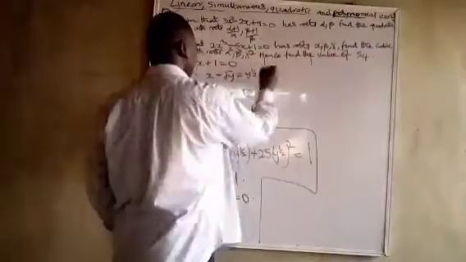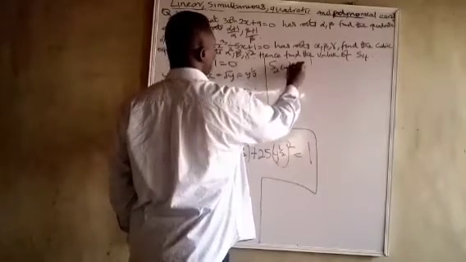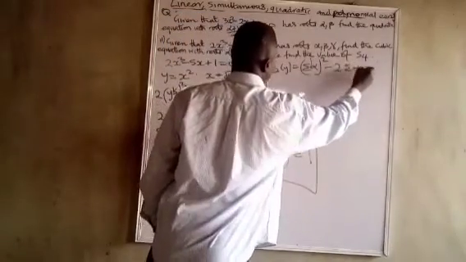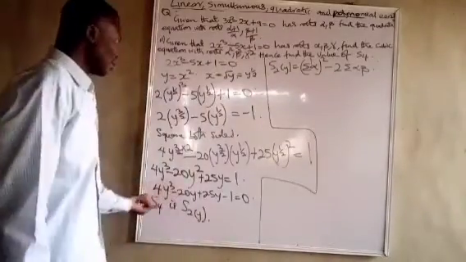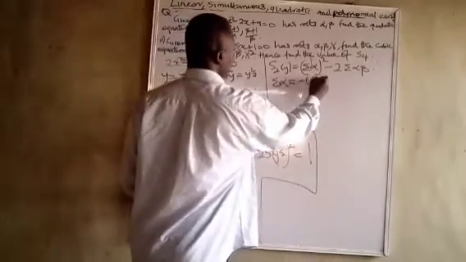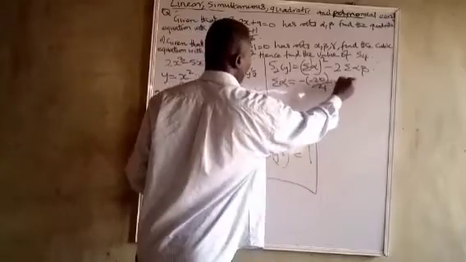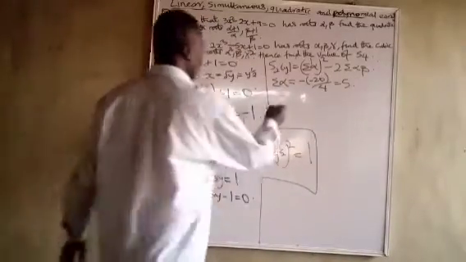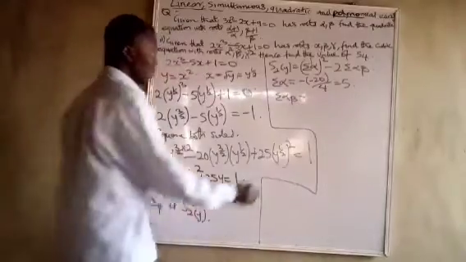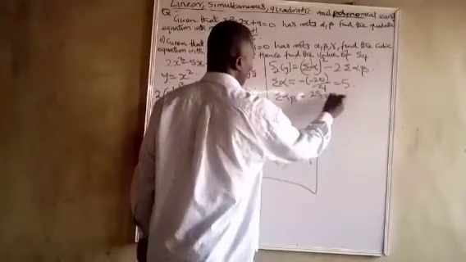For S2y, it will be summation alpha squared, which is summation alpha all squared, minus 2 summation alpha beta. What is our summation alpha? That is minus minus 20 over 4, and that is 5. What is summation alpha beta? That is 25 over 4.